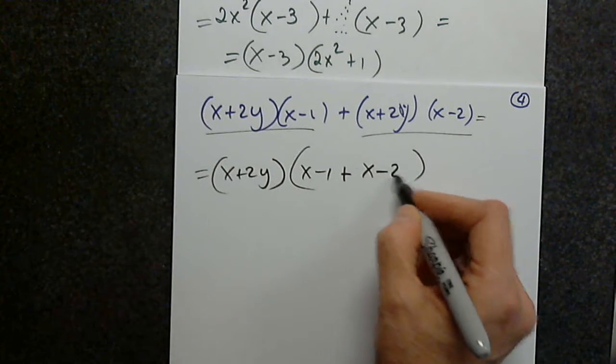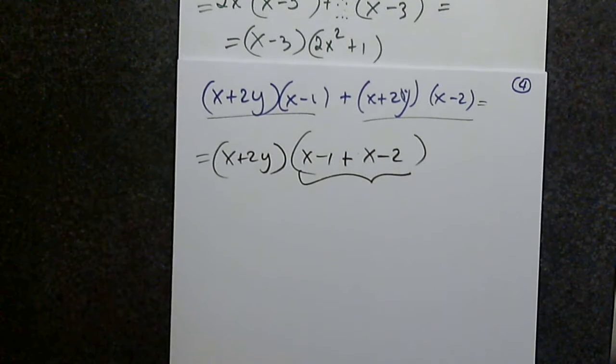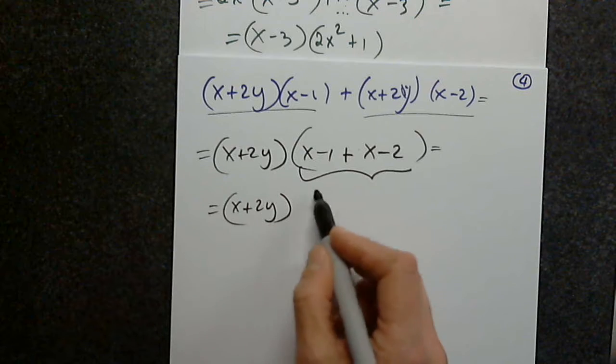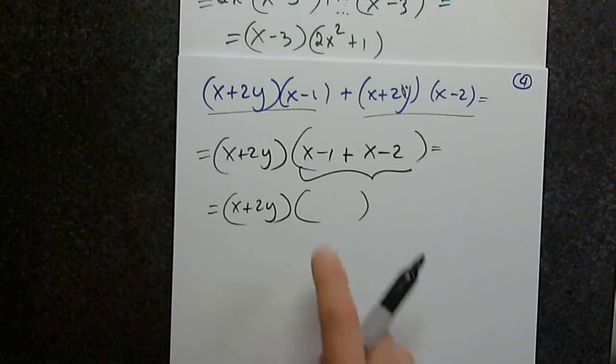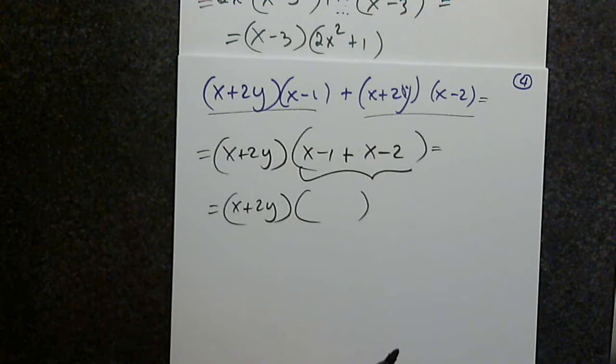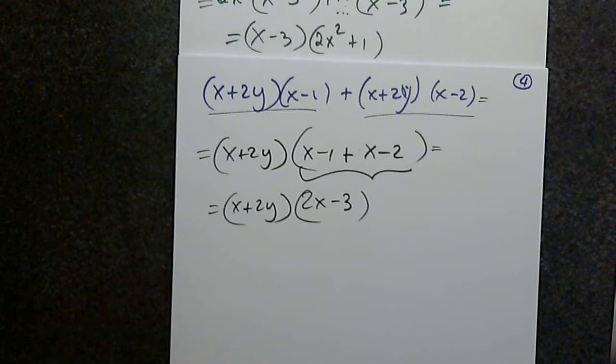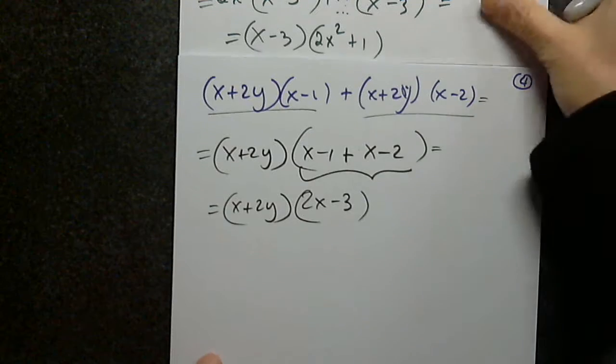Very good. So what does this equal when I combine like terms? An apple plus an apple, 2x minus 3. And that's it.